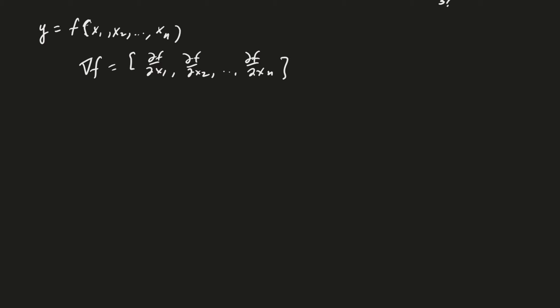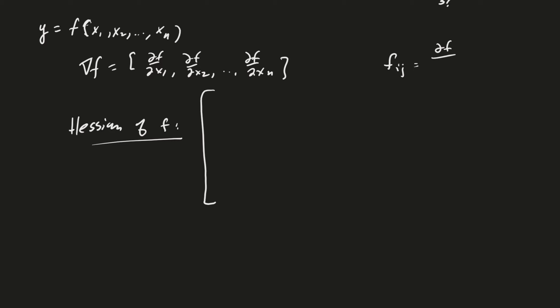Oh well. Okay, so then what takes the place of the second derivative? The second derivative is called the Hessian. The Hessian of f is a matrix of second derivatives. So I'm going to use the subscript notation. So that's partial f, and then it's j first, then i, so partial xj, partial xi.